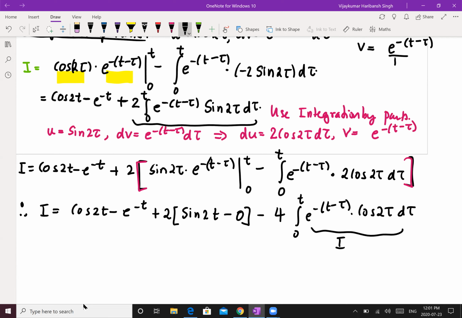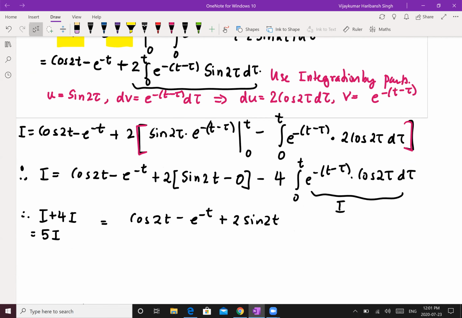Now this is same as I. So when you bring it on the other side, we get I plus 4I, which is equal to 5I, is cos of 2t e to the power minus t plus 2 sine 2t.